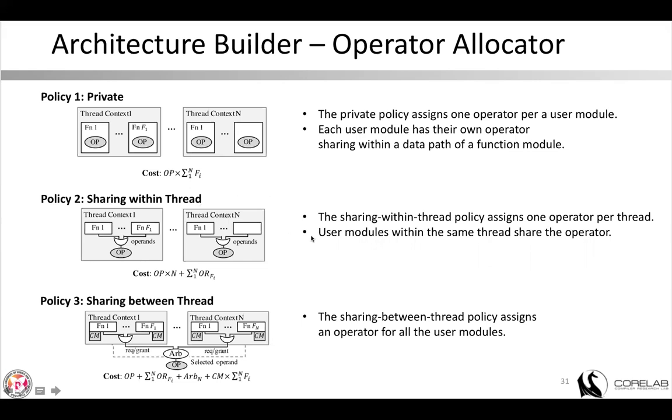And policy 2, the sharing within thread policy, assigns an operator per thread. So user modules within the same thread share the operator like this. And policy 3, the sharing between thread policy, assigns an operator for all user modules.